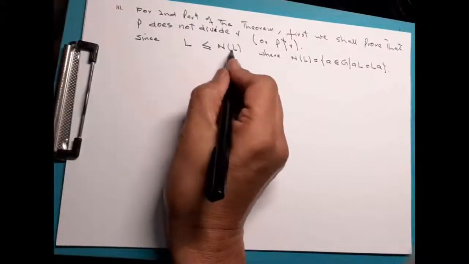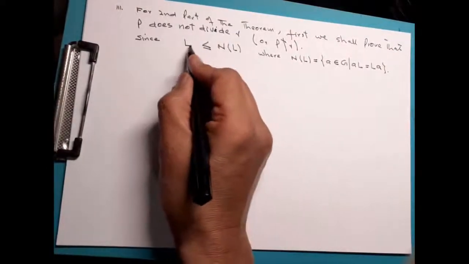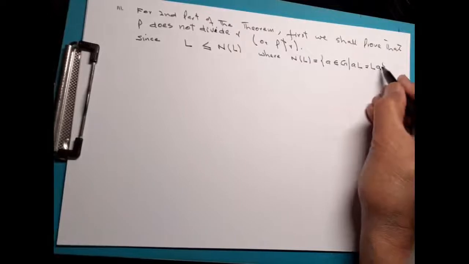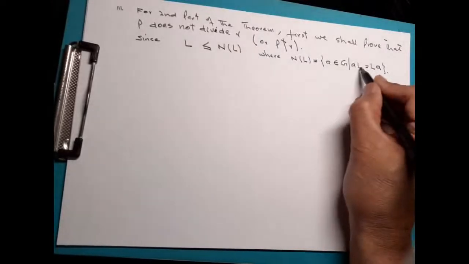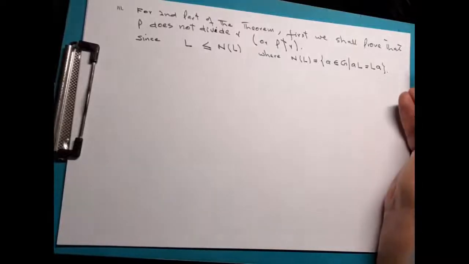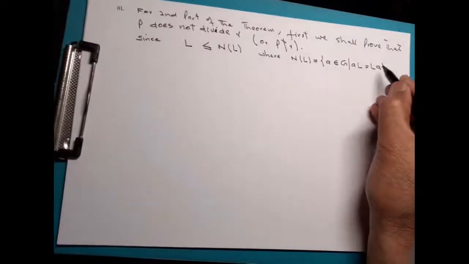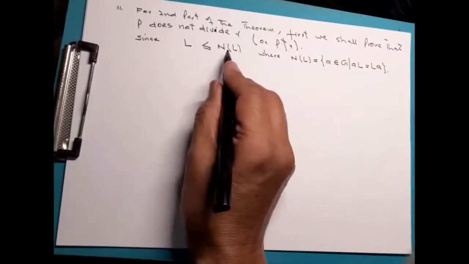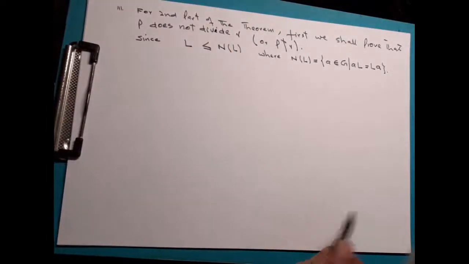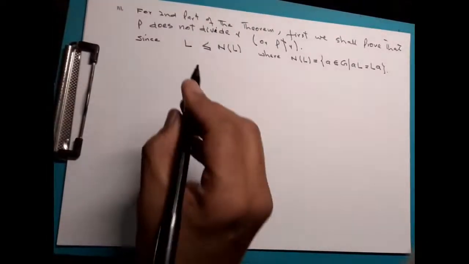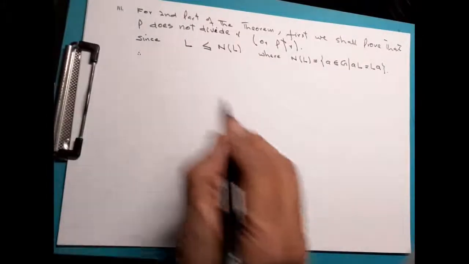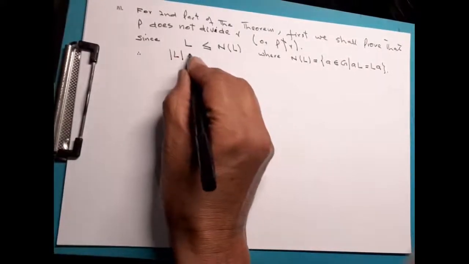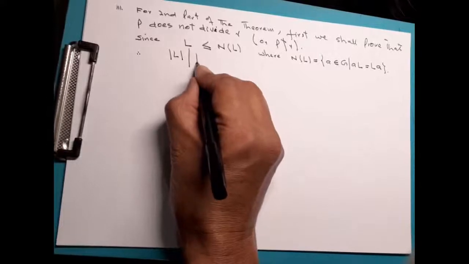You can easily see that L is a subgroup of the normalizer, because if you take any element of L, and take the left coset and right coset with that element, they will be equal. In fact, each will be equal to L. So L is a subgroup of the normalizer of L. Therefore the order of L divides the order of NL.